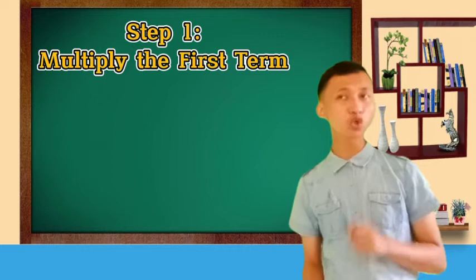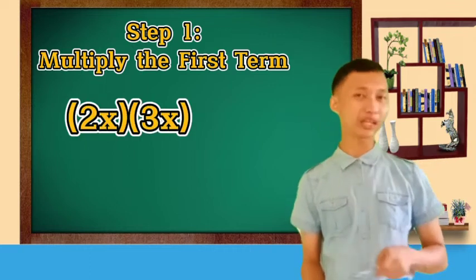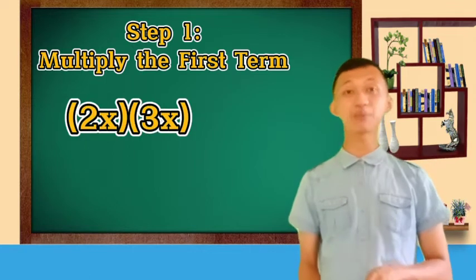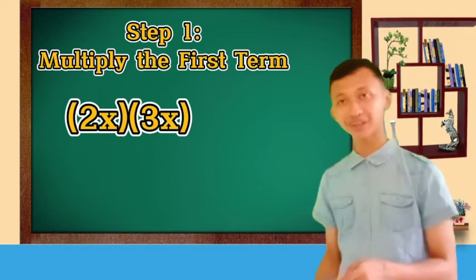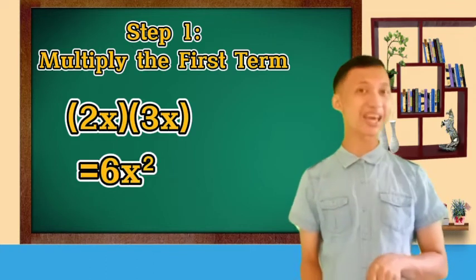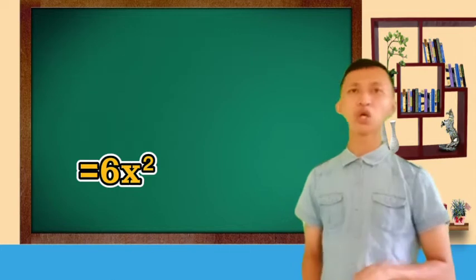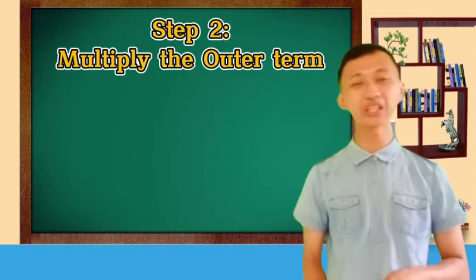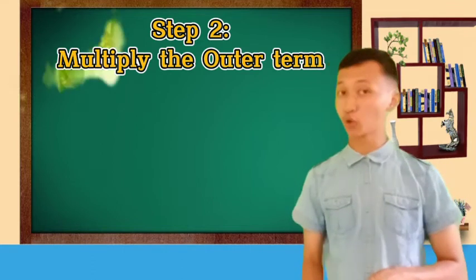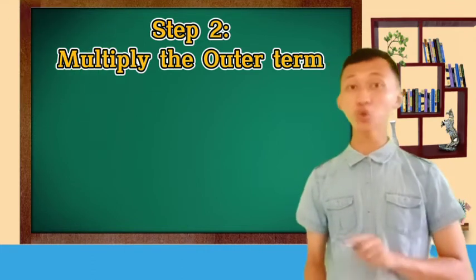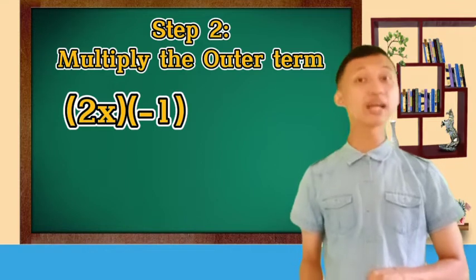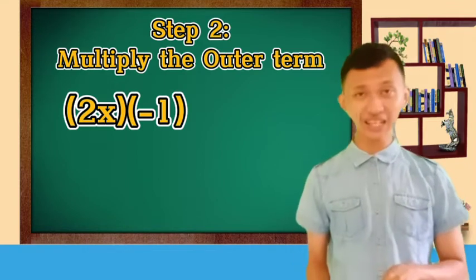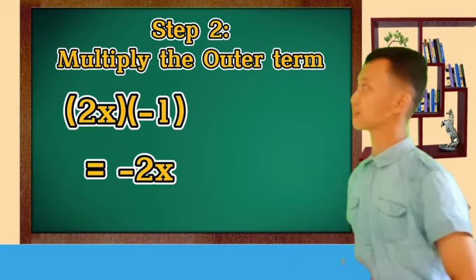That is 2x and 3x. So 2x times 3x equals, very good, 6x squared. The next step, we are going to multiply the outer terms. So 2x times negative 1, which is negative 2x.